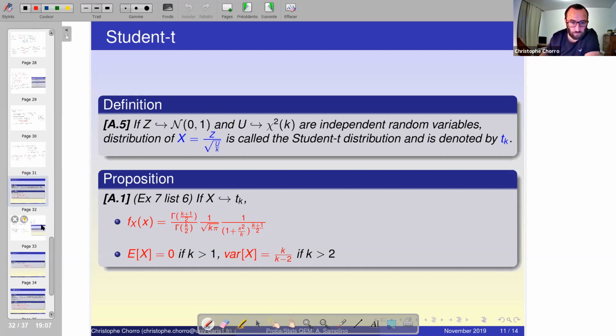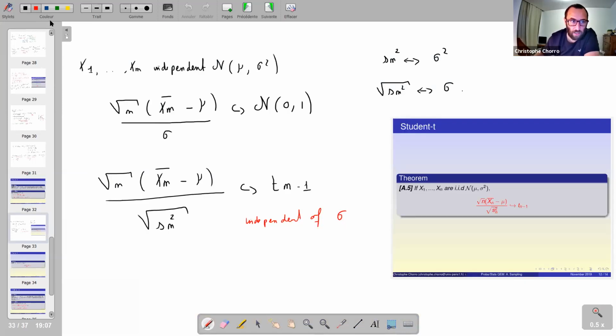So my student t of parameter n minus 1 can be written in distribution as the N(0,1) divided by the square root of a chi-square of parameter n minus 1 over n minus 1, with the fact, of course, that my N(0,1) and my chi-square have to be independent.